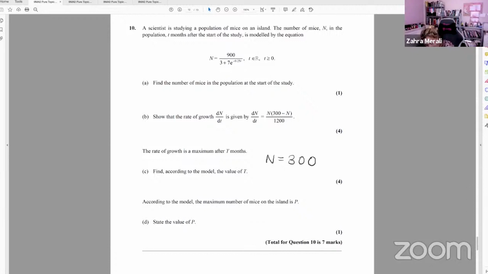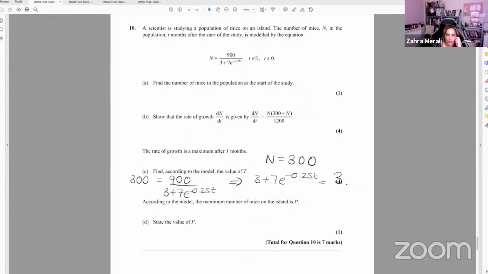So we get 300 equals 900 over 3 plus 7e to the minus 0.25t, which leaves us with 3 plus 7e to the minus 0.25t equals 900 divided by 300, which gives you 3. Wait, that's going to give me 0.